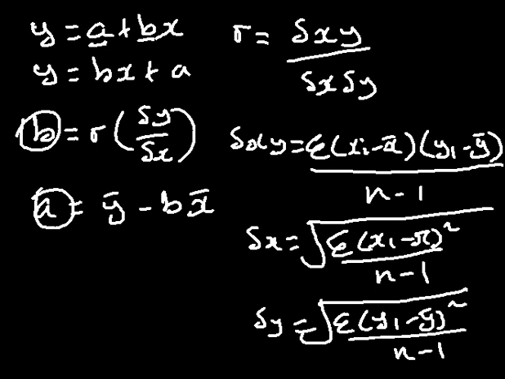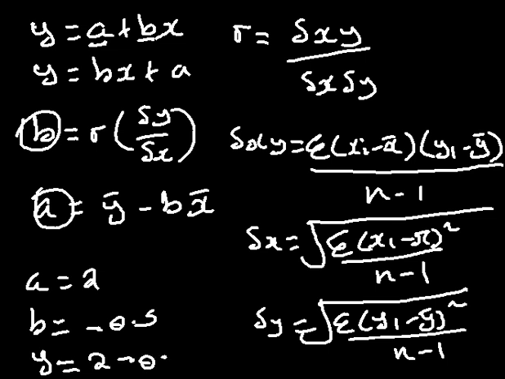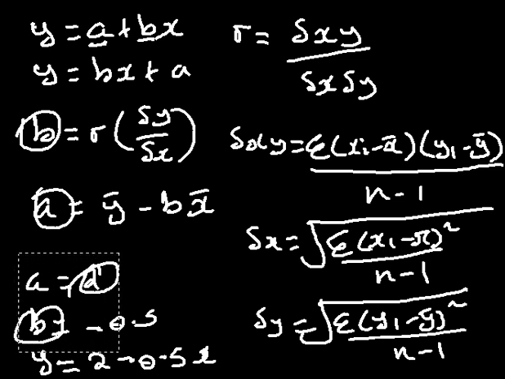For instance, if a is 2 and b is 0.5, the regression line will be given as y is equal to 2 minus 0.5x.